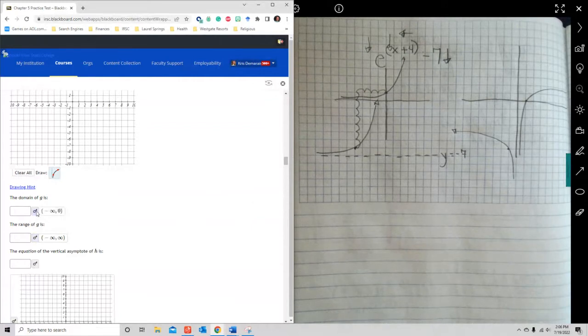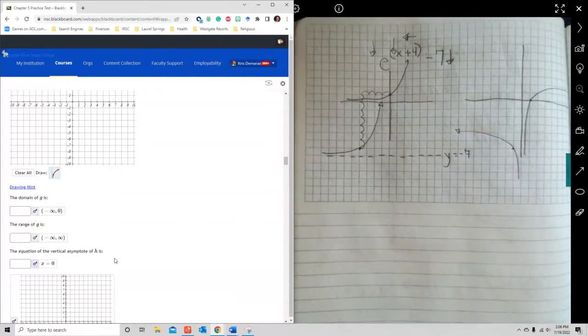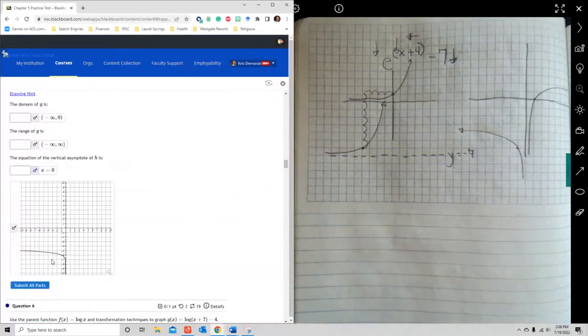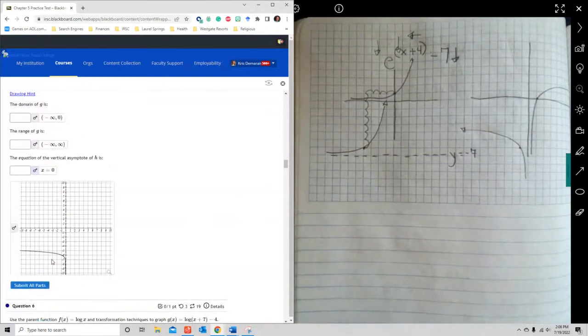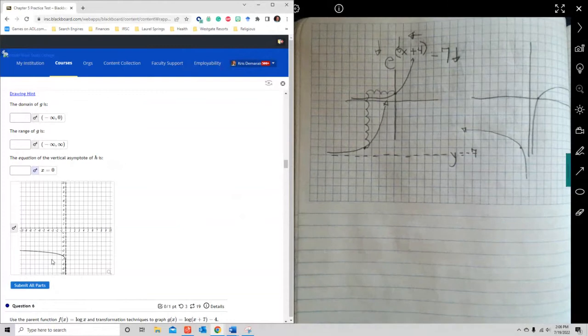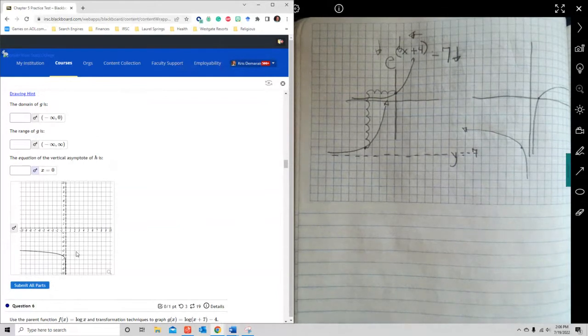So that's what our domain is going to be. It's from negative infinity to 0. And now the equation is, like I said, x equals 0. All right. And then we have our graph already drawn. So those things are the properties of graphing with transformations on both the exponential functions and the logarithmic functions. You'll be expected to do that on your test.